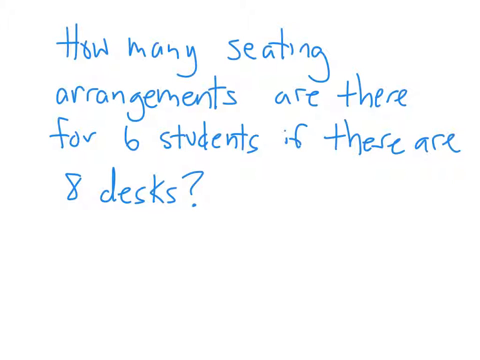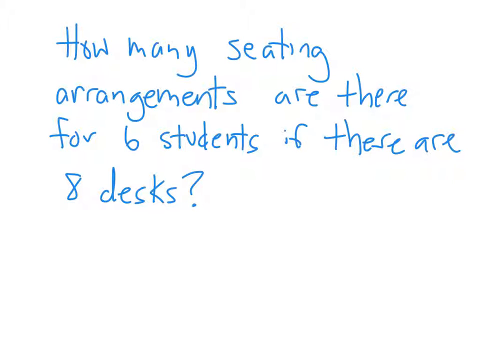And lastly, how many seating arrangements are there for 6 students if there are 8 desks? Once again, pause the video and try to come up with the answer to this one. Now, this one, you've got to understand, is not a combinations problem, because I have 8 desks and it matters which desk I put what student in. If I put Billy into the first desk and Tommy into the second desk, if I switch them, that's now a different seating arrangement.